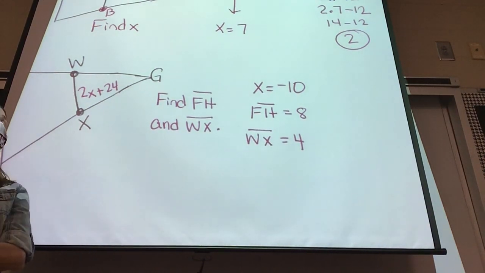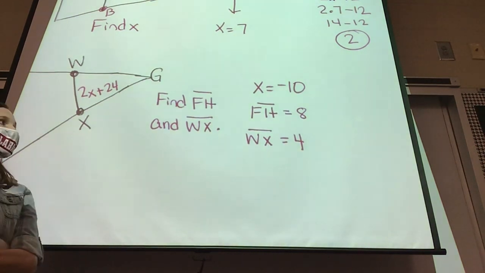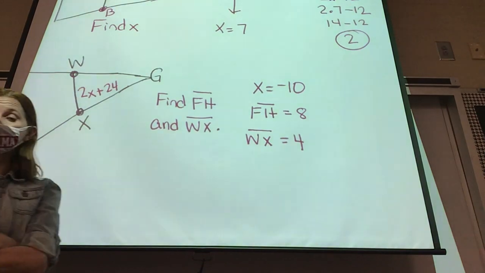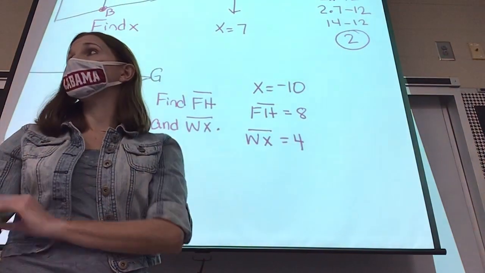If x comes out wrong, then you will miss anything else when you plug it back in. It doesn't matter if you miss a sign, because there is a difference between 10 and negative 10. That means you're either adding 10 or subtracting 10, and there is a difference. So any questions?